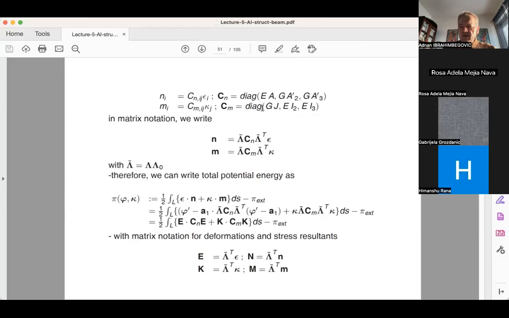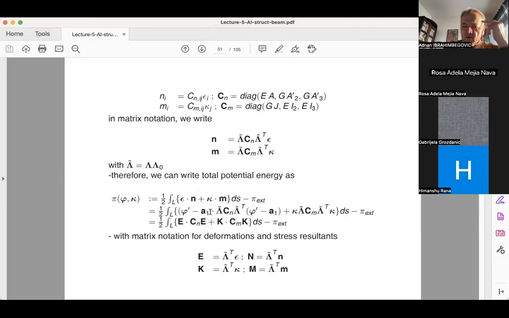I can then write this also in tensor or vector notation as n equal to lambda tilde Cn, being this 3 by 3 matrix, times lambda transpose times epsilon, and then lambda tilde Cn lambda transpose kappa. So this way I can complete the whole development, building a total potential energy of this beam, where the internal energy is written as 1/2 epsilon dot n and kappa dot n.